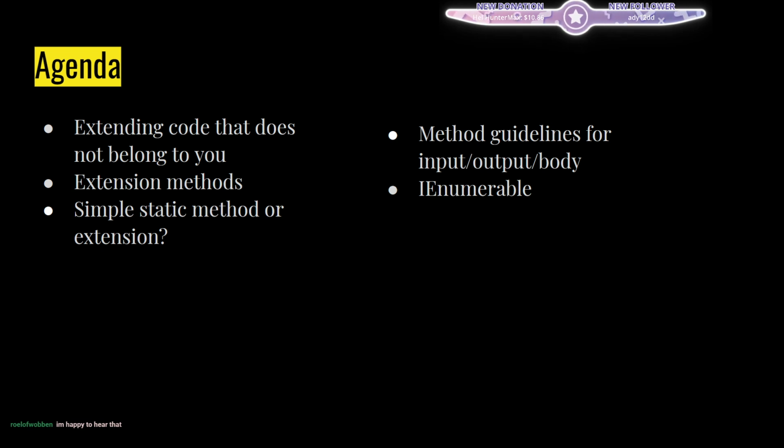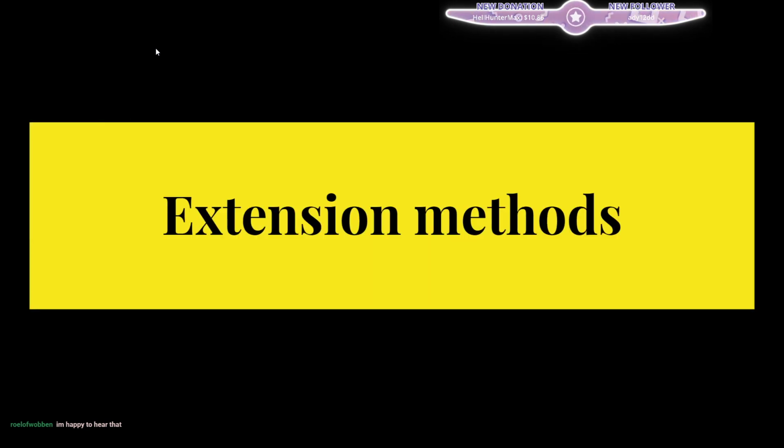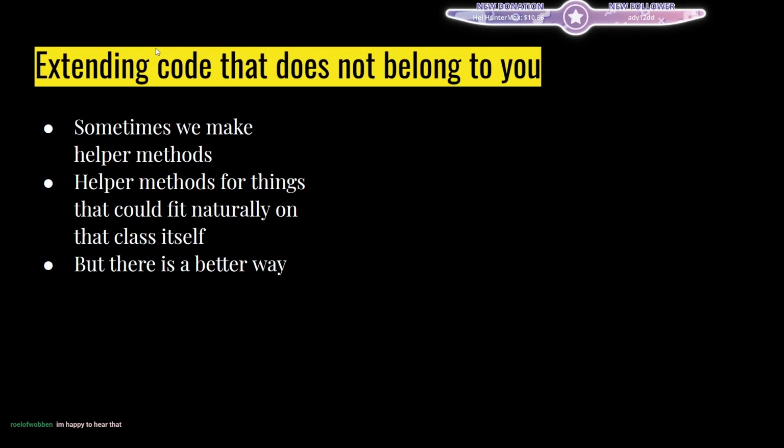And the second part will be talking more about the guidelines for method input and output. When should you use abstraction and when should you not? And we'll talk about IEnumerable a bit more. So let's get to it. We'll start with extension methods.